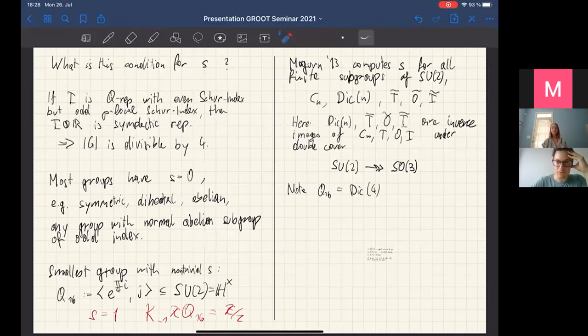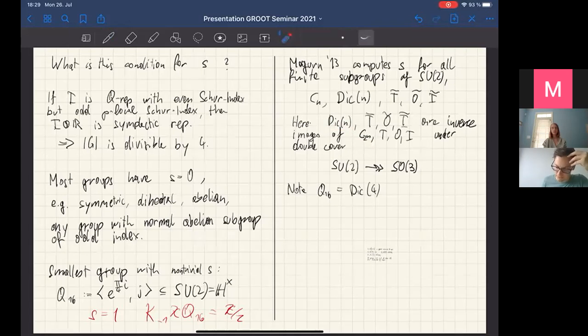And the finite subgroups of SU2 fall into basically 2 infinite families and then 3 sporadic cases, like with many things in math. And here, the groups, those are the cyclic groups. They're inverse images of the cyclic groups, and I think I made a mistake here. It has to be 2n.